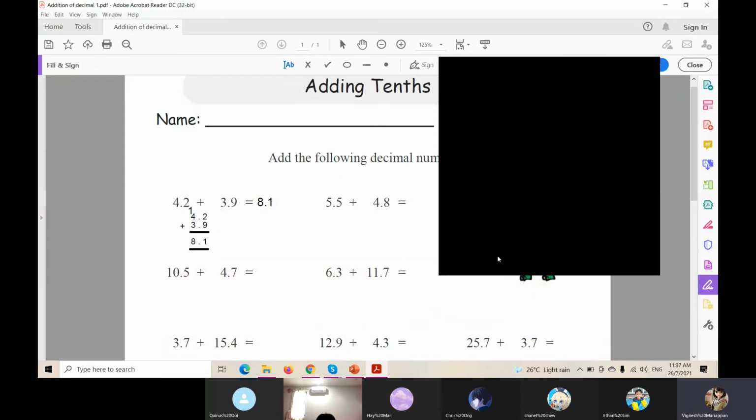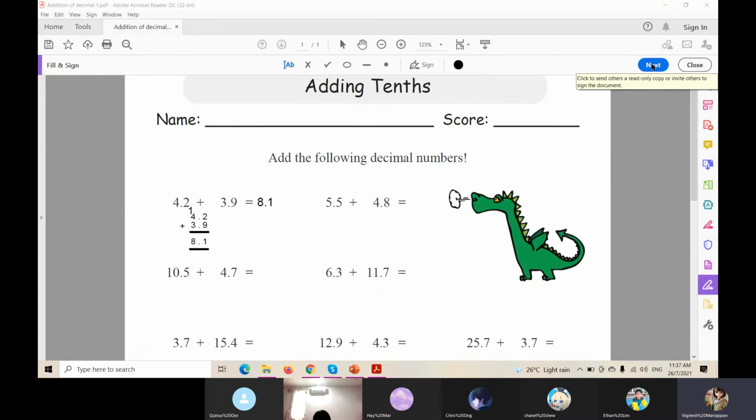So can I call the names for the volunteer? Okay, number 1, teacher has done. Number 2, who can help me to arrange? How to do?